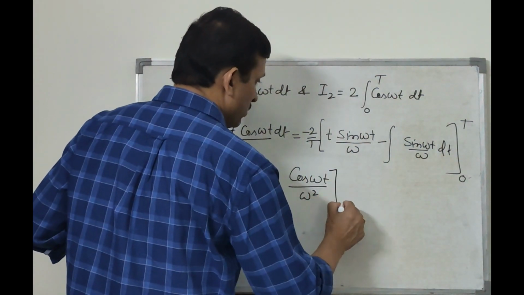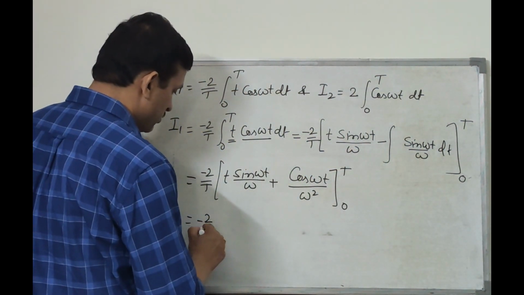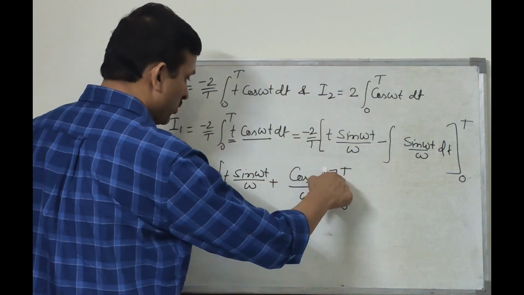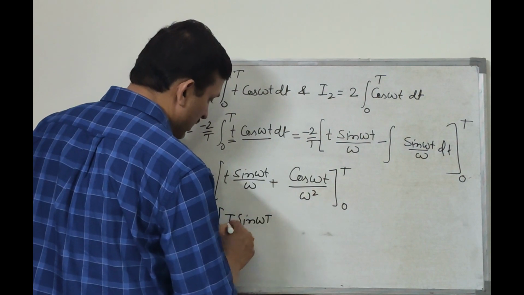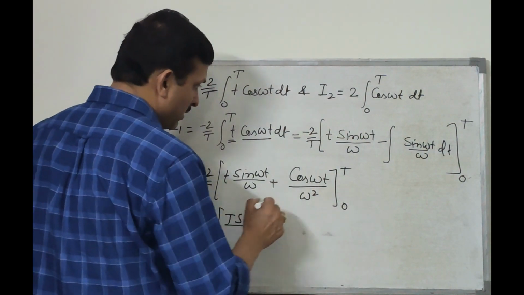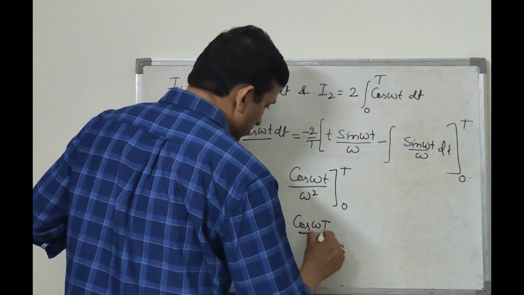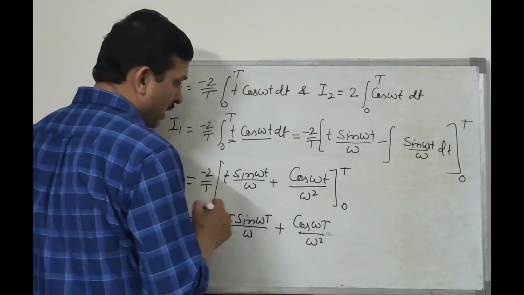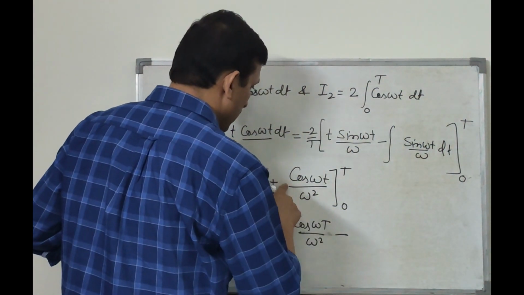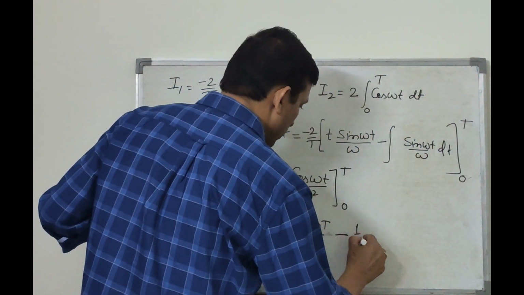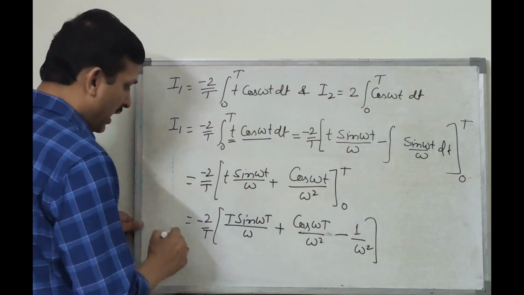Now we'll put the limits 0 to t. When we put t, we get t sin omega t divided by omega plus cos omega t divided by omega square. And when we put 0, the first will be 0 and the second will be 1 upon omega square. This is the integration value of I1.